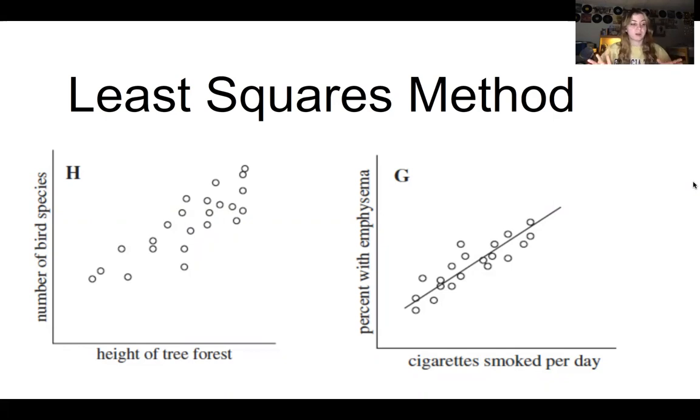You do an experiment, you get a bunch of data points, and you can plot them between the independent variable and the dependent variable. For example, here we have the height of a tree forest with the number of bird species living there, and on the right we have cigarette smoke per day versus percent with emphysema, and here we see the line of best fit already graphed.